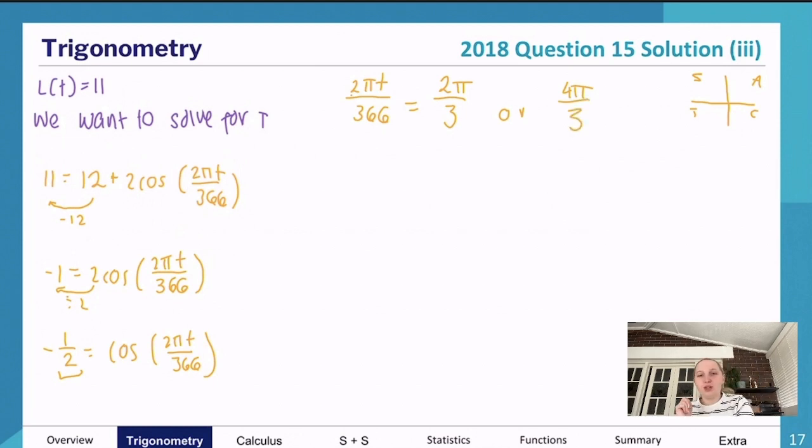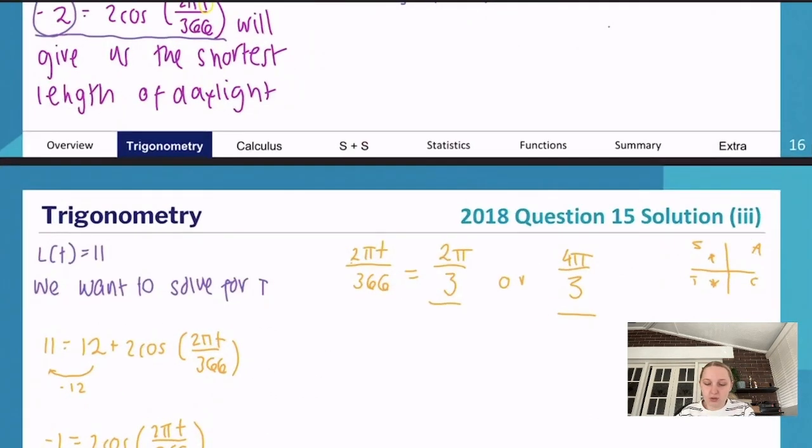Super, super important you remember that it could equal either of these things because there are two quadrants in which cos is going to be negative. So important that you remember that cos is going to be negative here and here. Because if you only remember one of those angles, you're going to end up with only one answer.